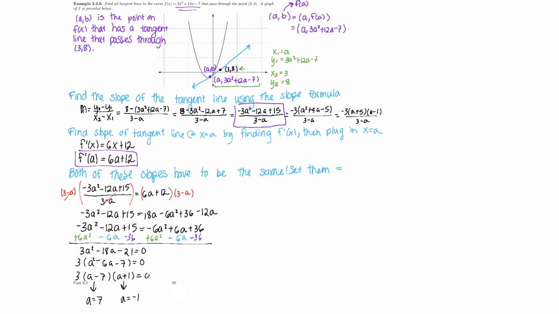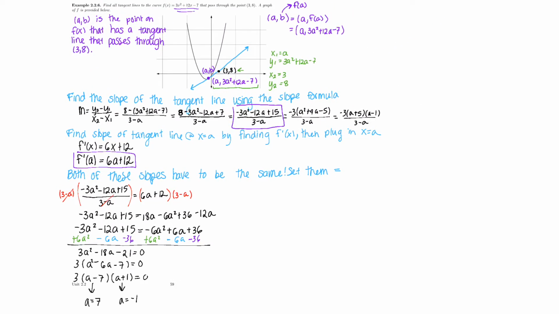Zooming out here, we're off the page. Now we're supposed to find all tangent lines to the curve. So to find these actual tangent lines, these are the x values right here.